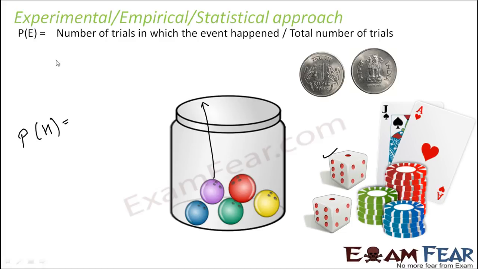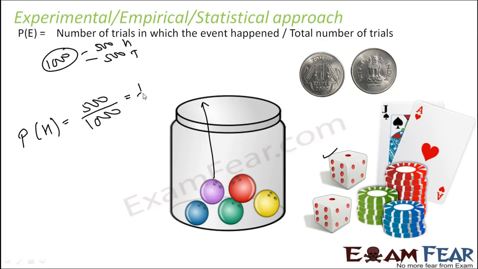Let's suppose you have performed the experiment 1000 times. Out of that you get 500 times head and 500 times tail. So we can say that the probability of head is 500, the number of trials when head came, by 1000, the total number of trials, that is 1 by 2. Let's take some numericals to understand this concept as well.